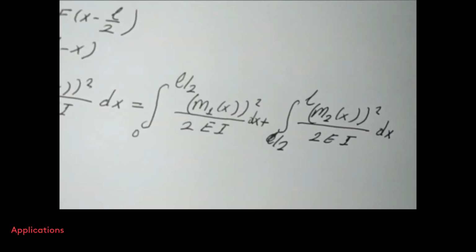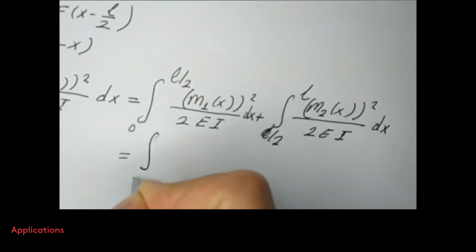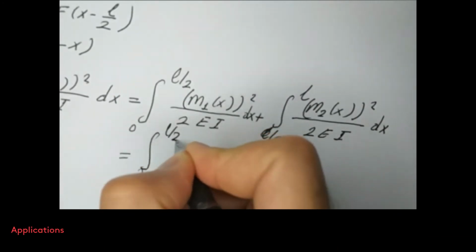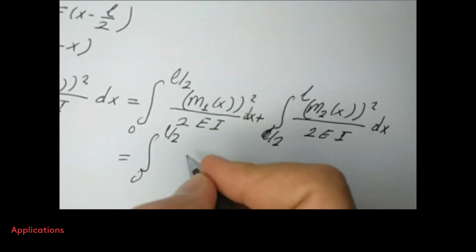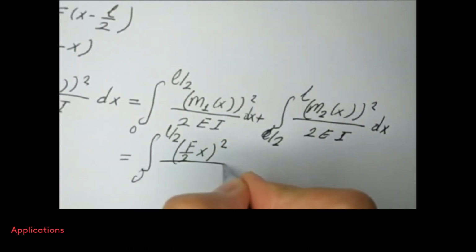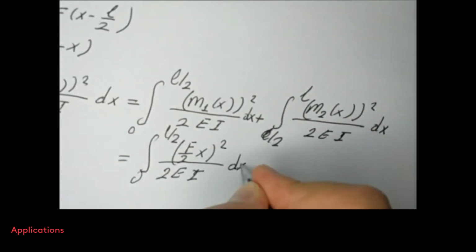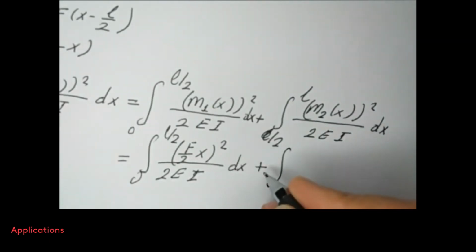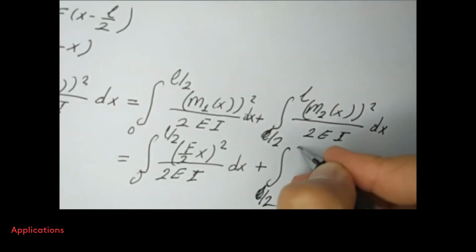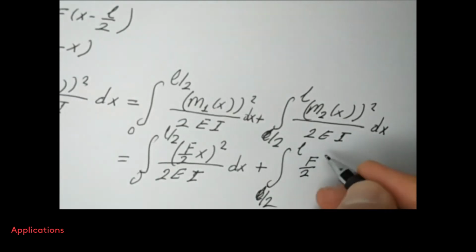From 0 to L over 2, M1(x) is equal to F divided by 2 x, squared, divided by 2EI dx, plus, from L divided by 2 to L, F divided by 2 multiplied by L minus x, squared, divided by 2EI dx.